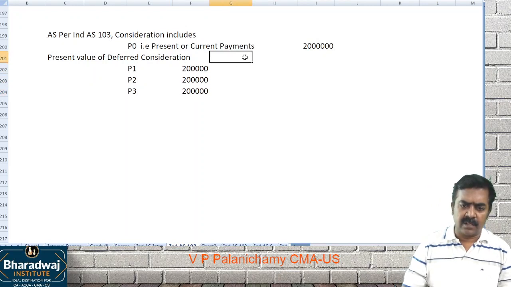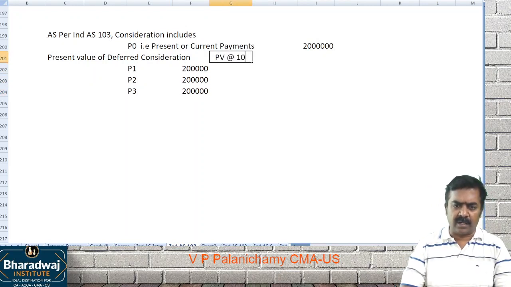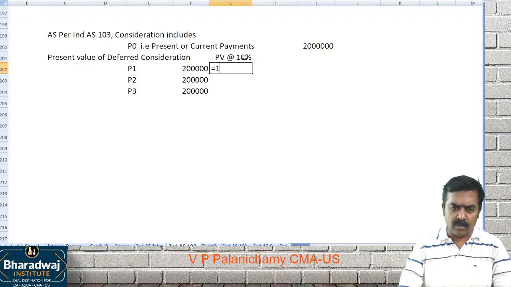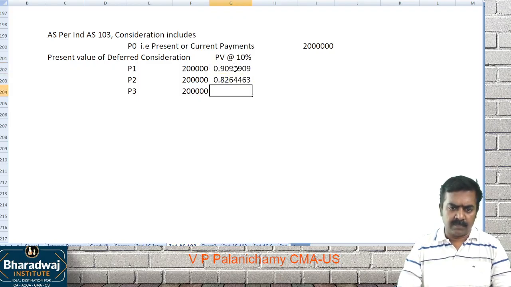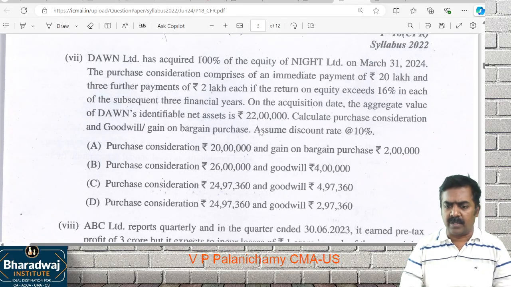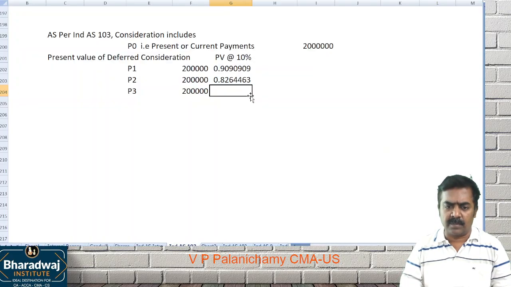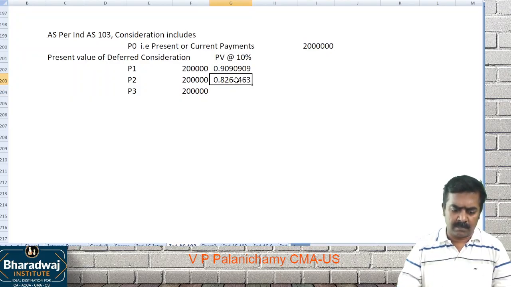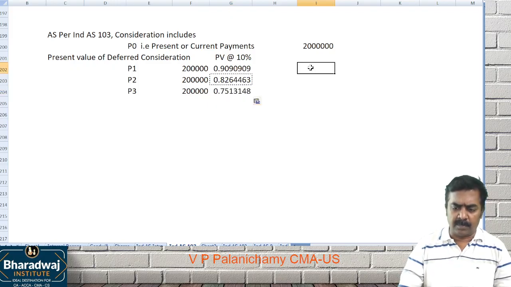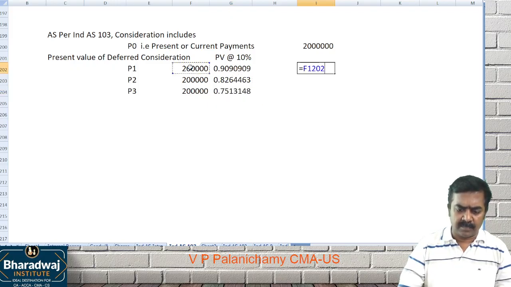The discounting factor is PV at the rate of what? 10% we have to take, 1 divided by 1.1. They have given the discount rate as 10%. Multiply, and you will get the present value of consideration.